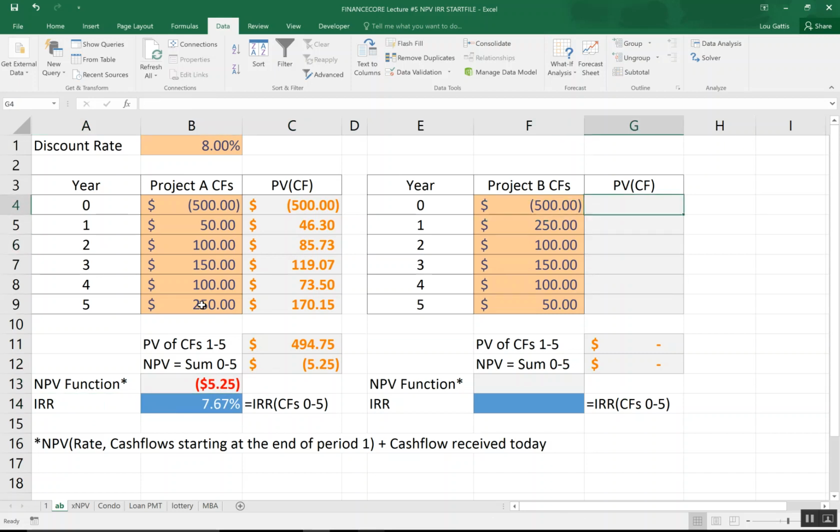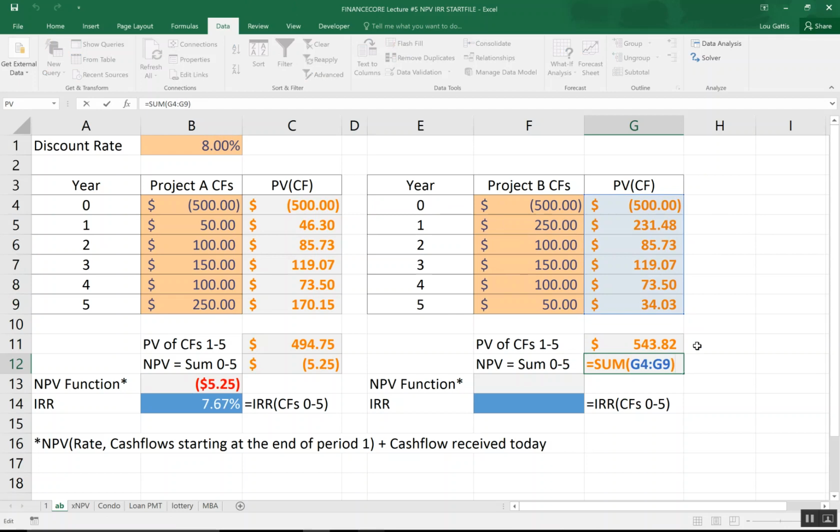We can do it for the next project, B. Take the first cash flow. Let's use the same discount rate. Discount it back to the year's power. Copy it down. Get the present value of all future cash flows.